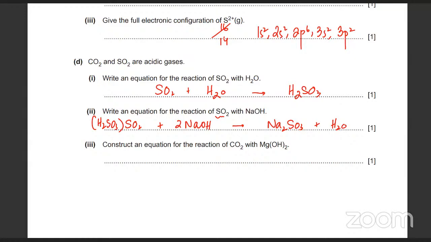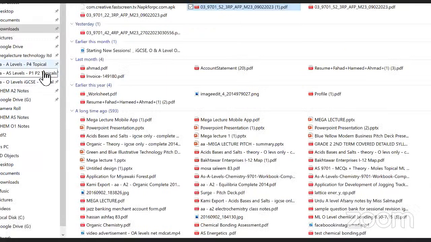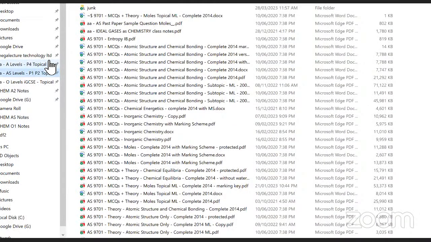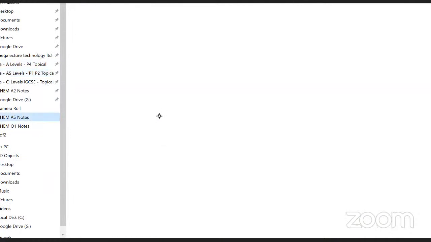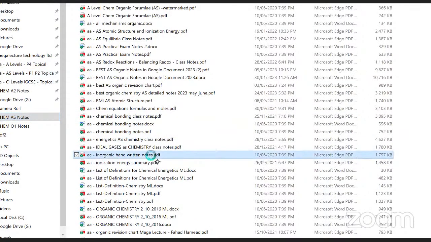And always remember that you'll be very often asked about these acidic oxides.